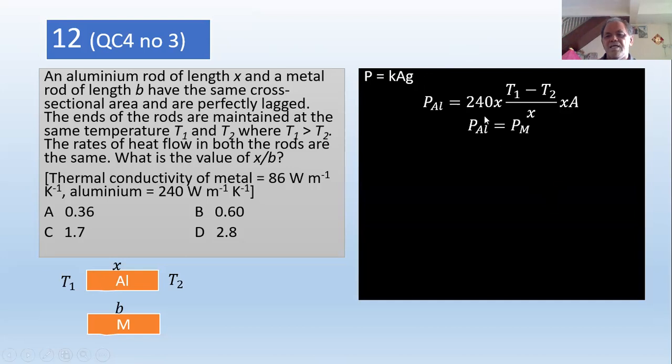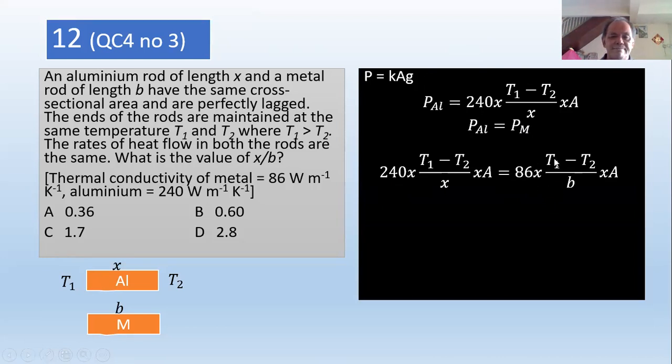Then the rate of heat flow in aluminium is the same as the heat flow in metal, right? Because the same temperature difference. And let them be equal. There's aluminium. That one is for the metal. Right? Metal is 86. T1, T2 is the same.